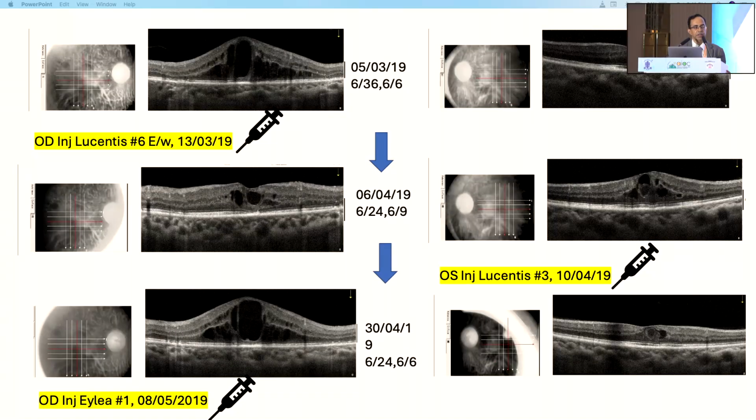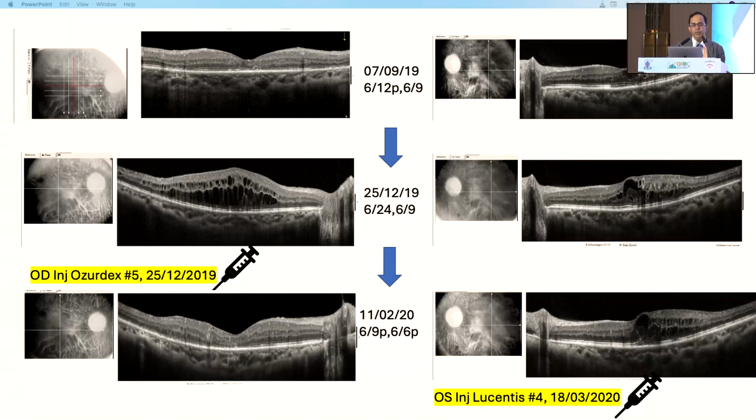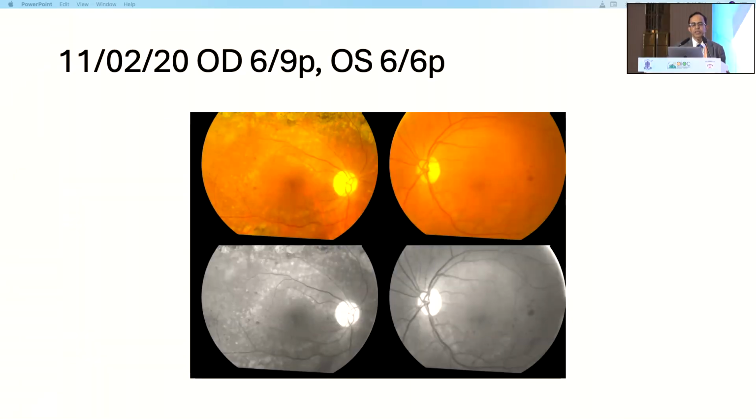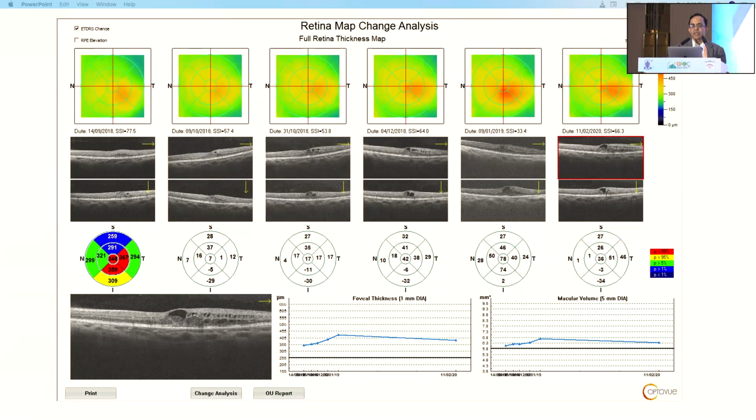The patient underwent cataract surgery. I'll be finishing in 1 minute. Finally, the patient was switched over to Eylea in the right eye in 2019. This is what the patient looked like about 4 years down the line, with a fluctuating course of macular edema.